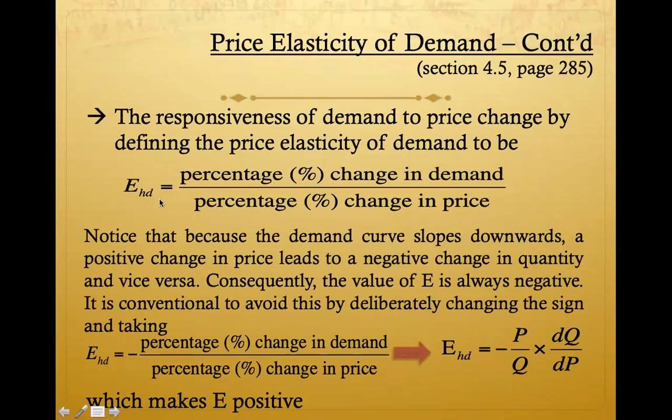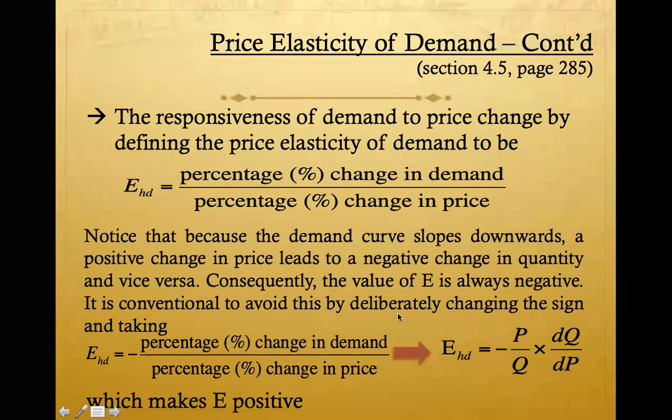Because the demand curve slopes downward, the value of E is always negative in this case. So it is conventional to avoid this by deliberately changing the sign and taking the negative.